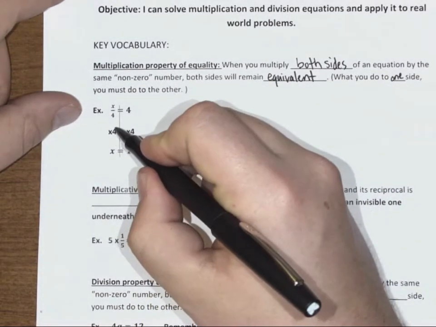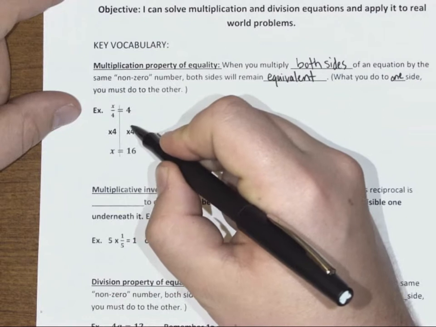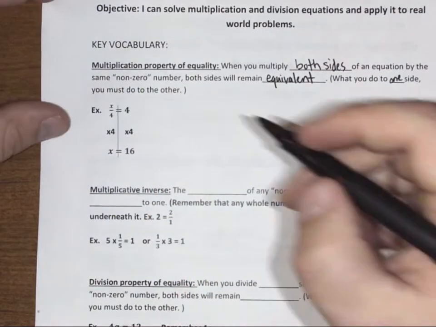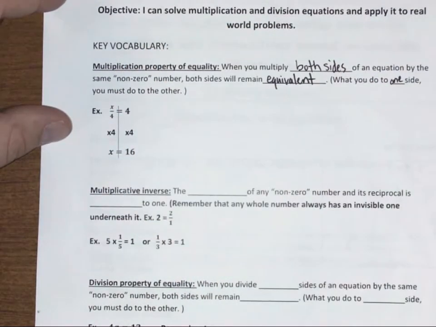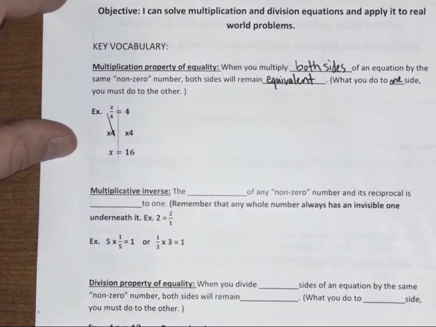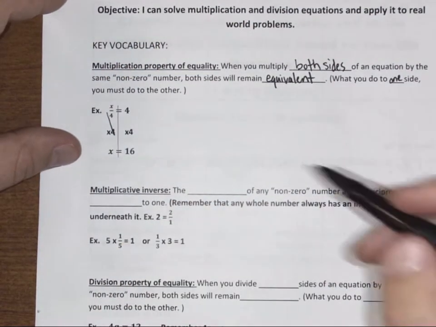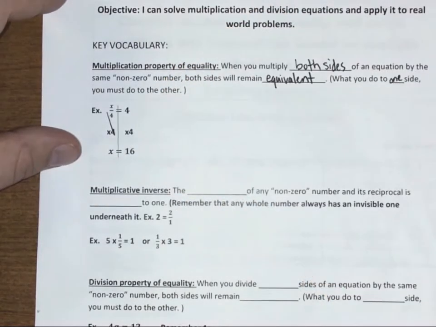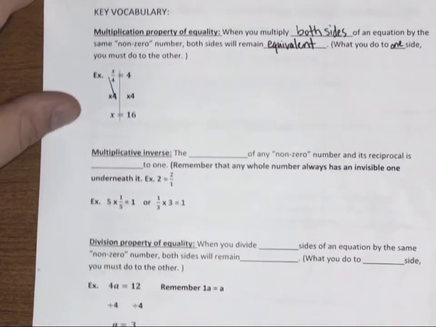So we're going to multiply by 4, multiply by 4. So now the 4's cancel out, and x is all alone, and it's x equals 4 times 4 is 16.